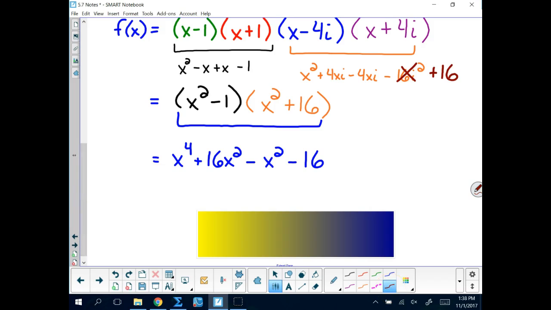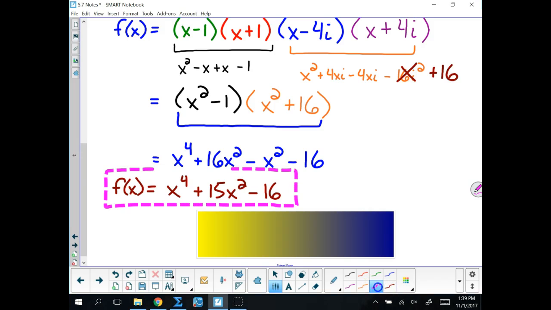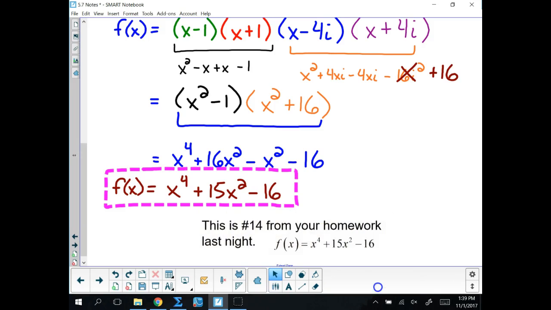Becomes f of x equals x to the 4th plus 15x squared minus 16. Anybody recognize it? It was number 14 from your homework last night. Okay? So we did it right.